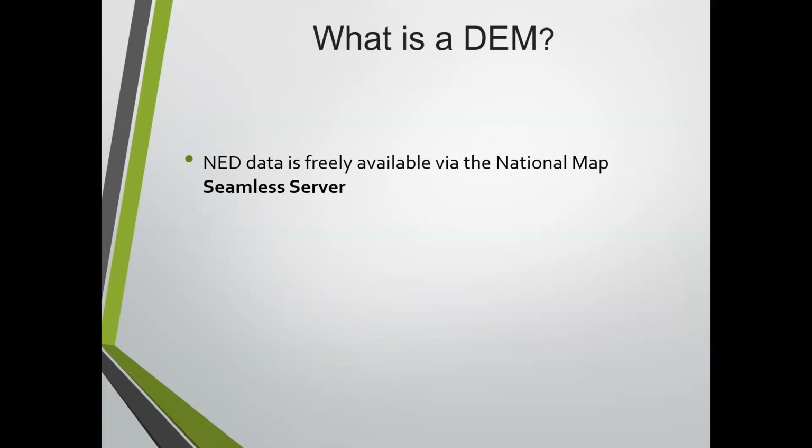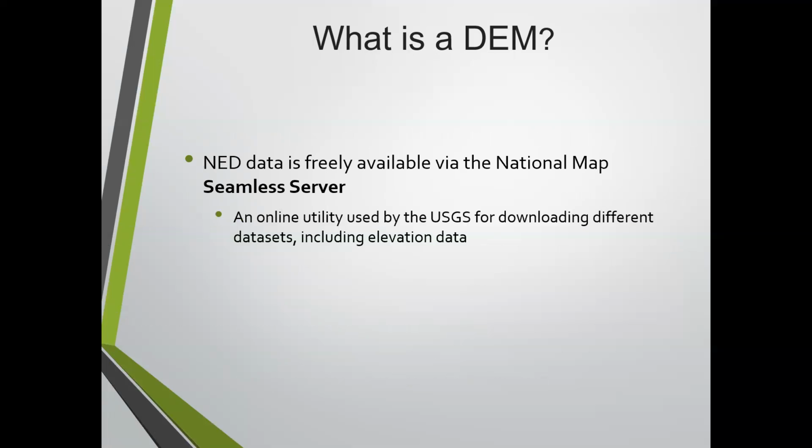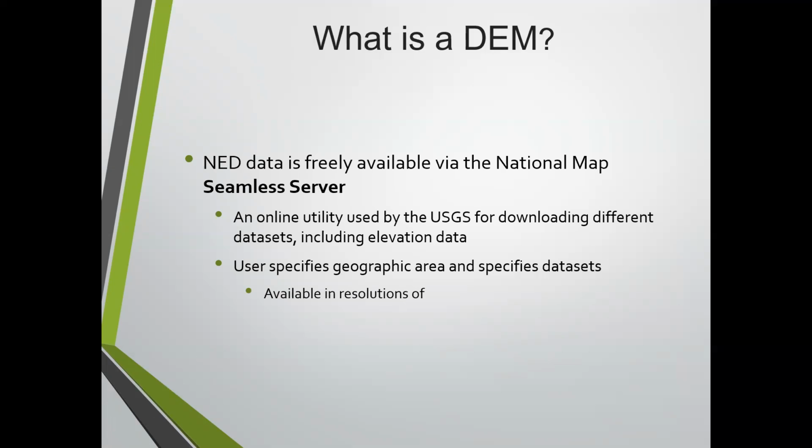So you also have the NED data. It's also freely available, the national map, what they call the seamless server. Another online source that you can get from the USGS. And they offer lots of different data sets, including elevation as one of the data components. You just use a specific geographic area, like a latitude and a longitude, kind of clip out the rectangular area that you want to get it from, and it'll take it out for you.